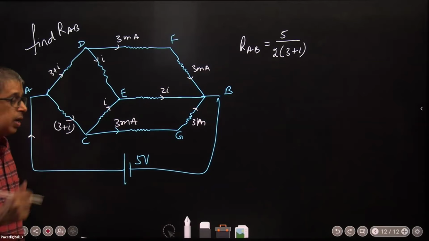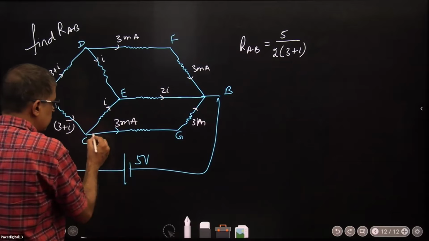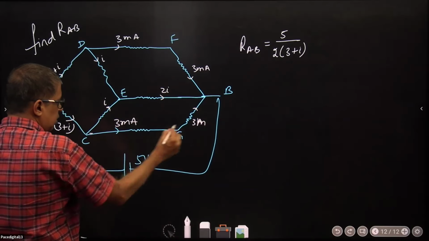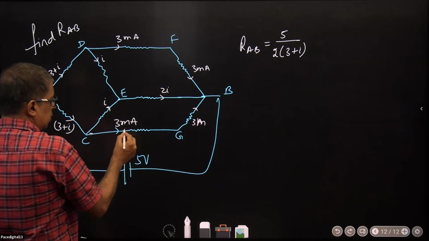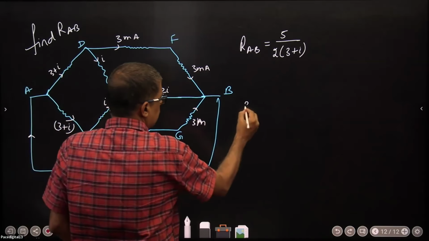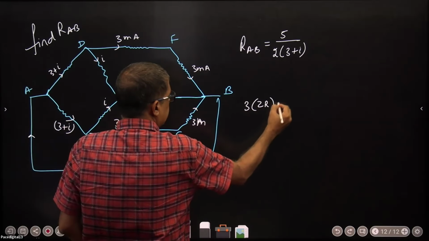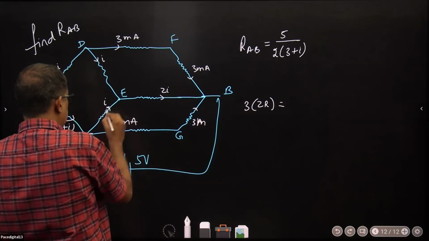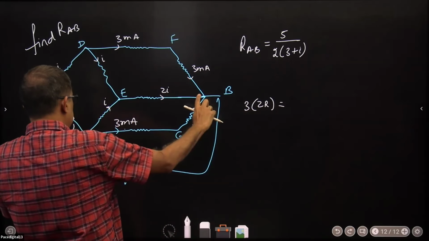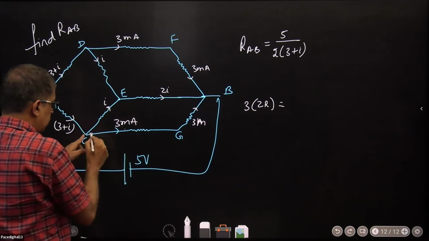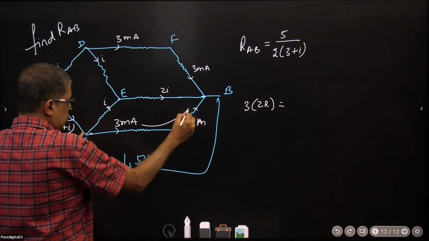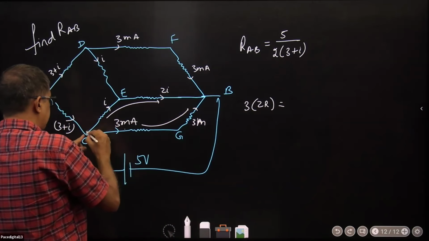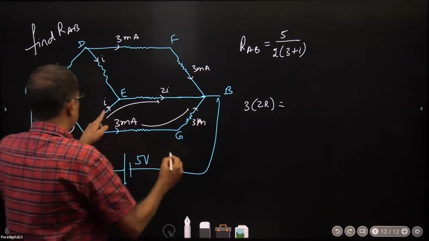How will I tell you the value of I? See the potential difference across this. 3 and 3. 3 into 2R should be equal to the potential difference across this. Potential difference across this should be equal to the potential difference across this branch.